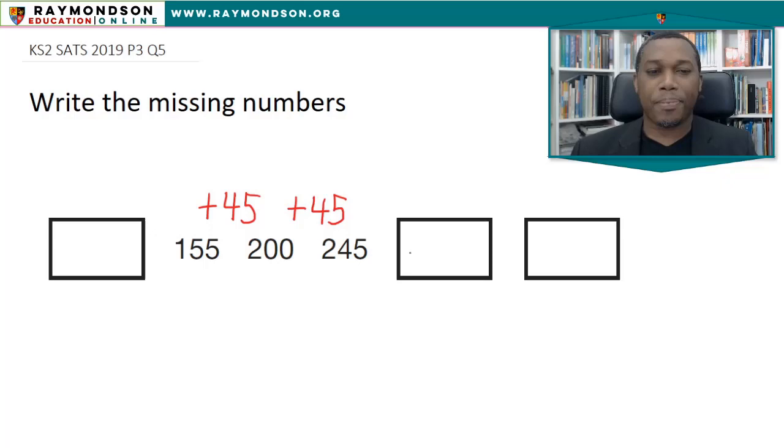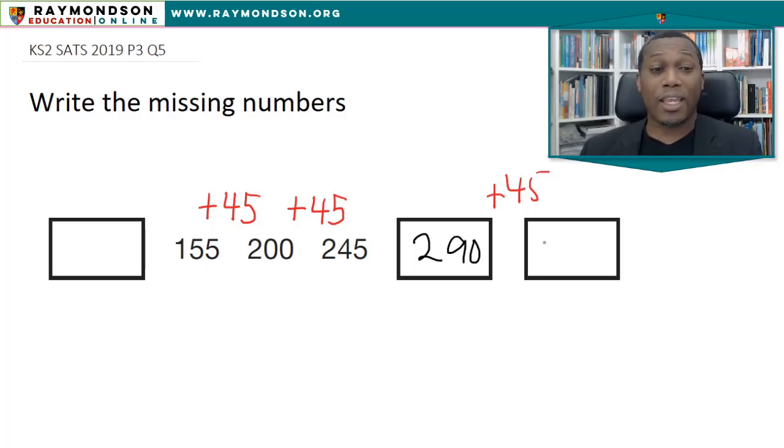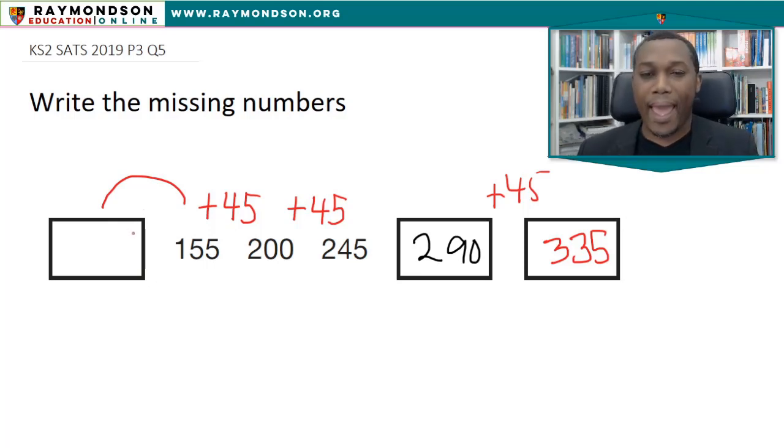So if I keep that pattern, I'll get 290, and then I gotta think a little bit more. If I add 45 to 290, if I add 10, I get 300. So 335.